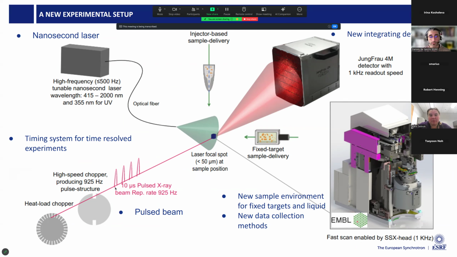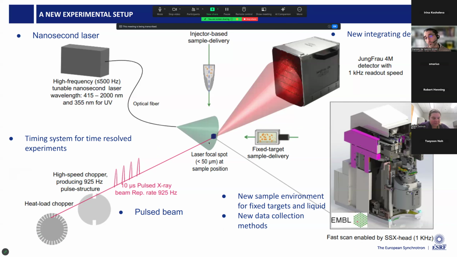It can produce pulsed X-rays down to 10 microseconds, which are focused down at the sample position, which is equipped with a newly developed microdiffractometer, with this SSX fast head scan that you will see, and a versatile sample environment where we can also accommodate different kinds of injectors or other kinds of sample delivery systems, such as tape drive, or also systems that are developed by the users.